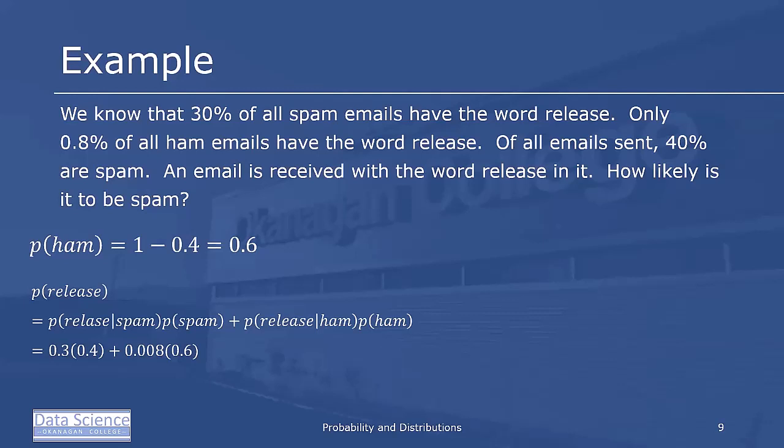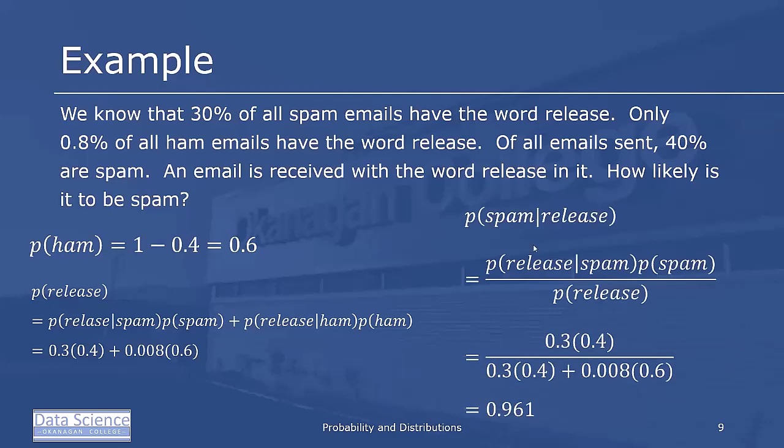Now we're in a position to find out the probability that an email is spam, given that it has the word release in it. The probability of spam, given that it has the word release in it, is the probability that it has the word release, given that it's spam, times the probability of spam, divided by the probability of release.